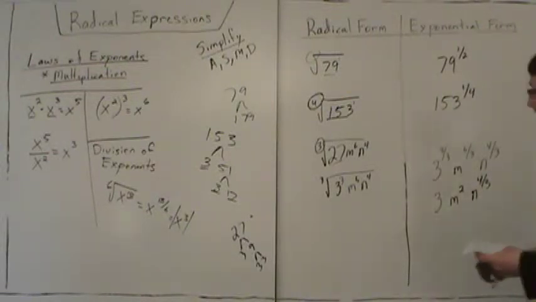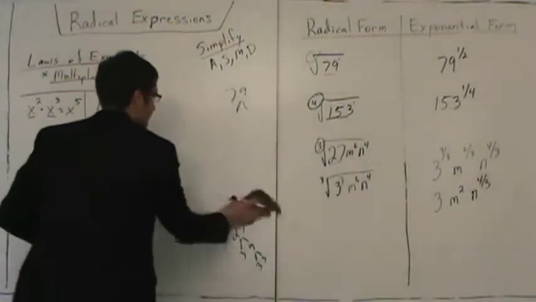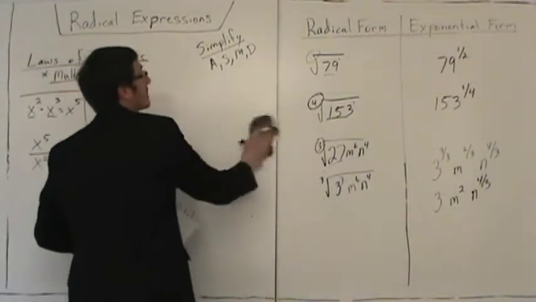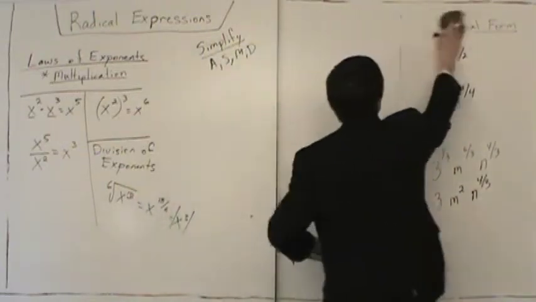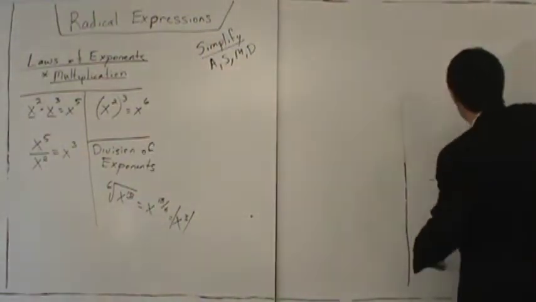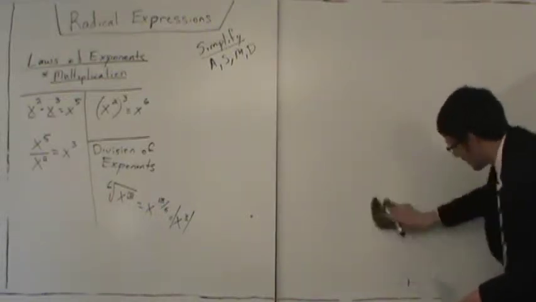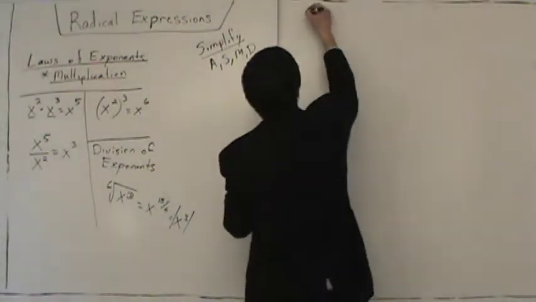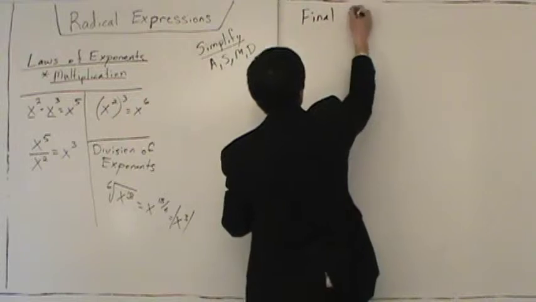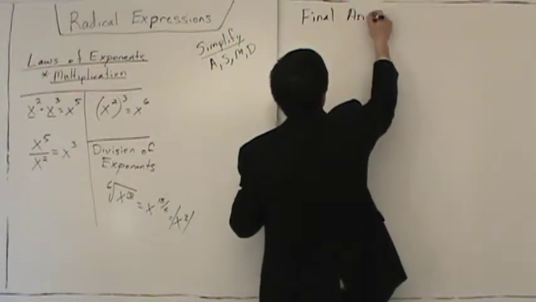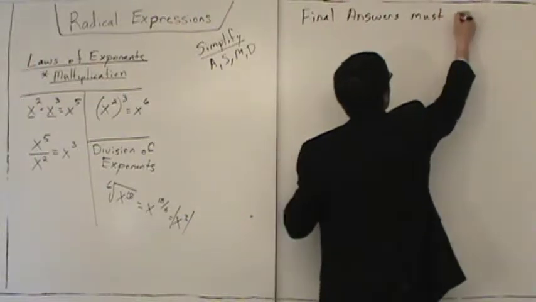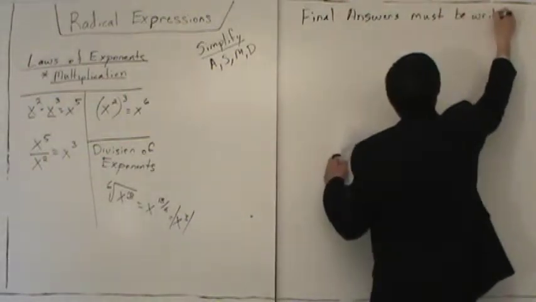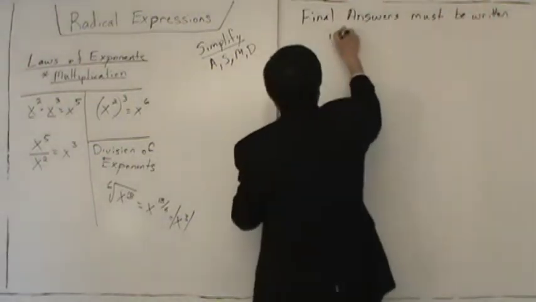All right, number 18. Okay, so we're going to move away from going back and forth from radical to exponential for a moment, and we're going to establish a rule for this lesson. The rule for this lesson is that final answers, we're working in exponential form, but final answers must be written in radical form.